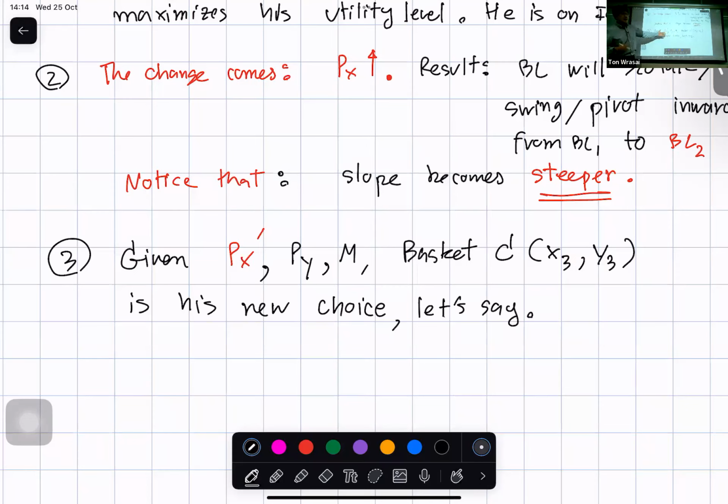And I give you a remark. There are many possibilities, but at the moment just stick with this possibility and try to discover more about what happened. He selects basket C, the green basket, to be his new choice.